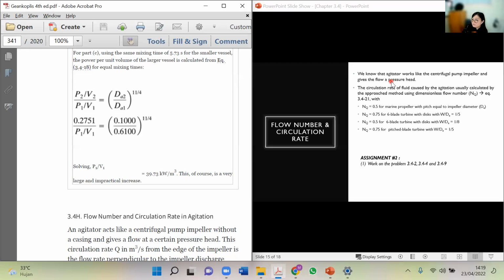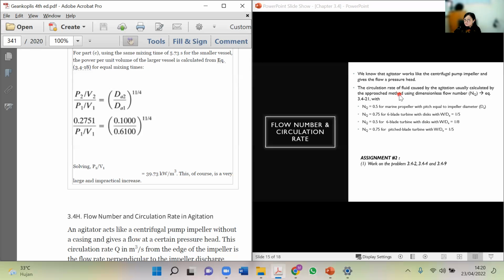Now, when the fluid mixes inside the tank, it will also circulate, right? The fluid will go from this point to this, rotate, go back to the original point, and then rotate again for another rotation.